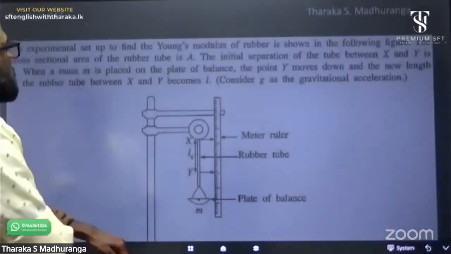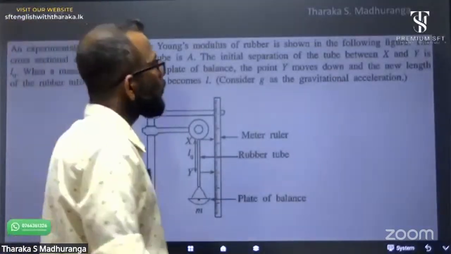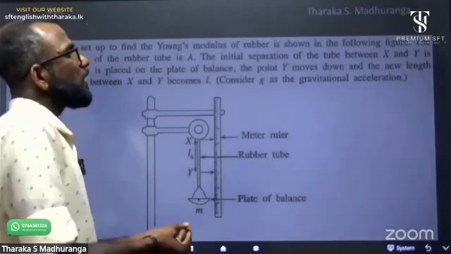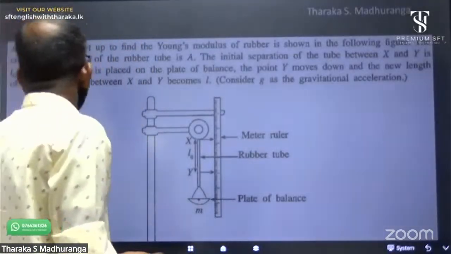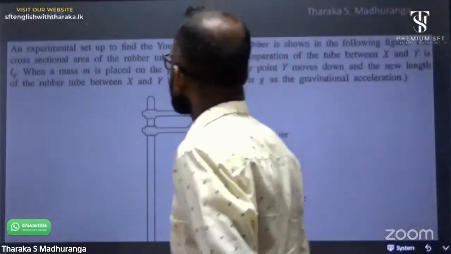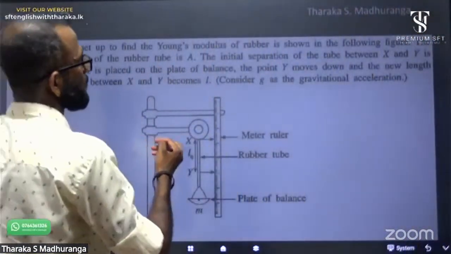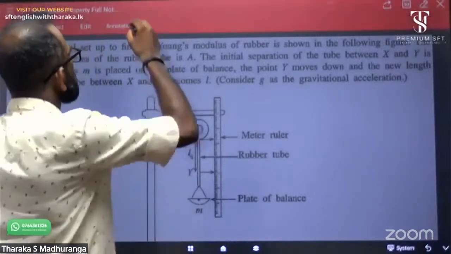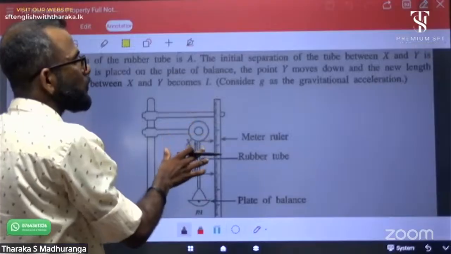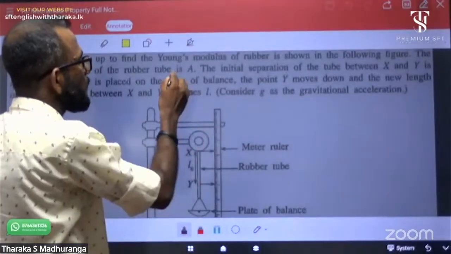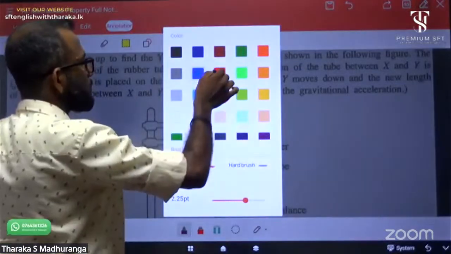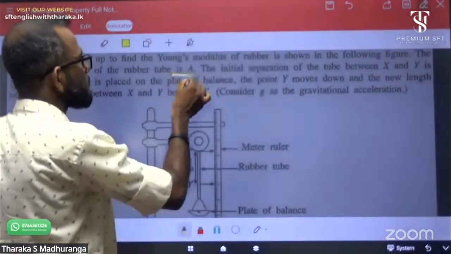An experimental setup to find the Young's modulus of a rubber is shown in the following figure. The cross-section area of the rubber is A, capital A. This basic data given in the question is very important for our future calculations, so we can highlight or underline these important terms.